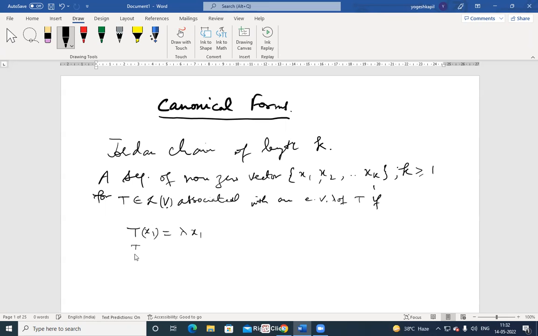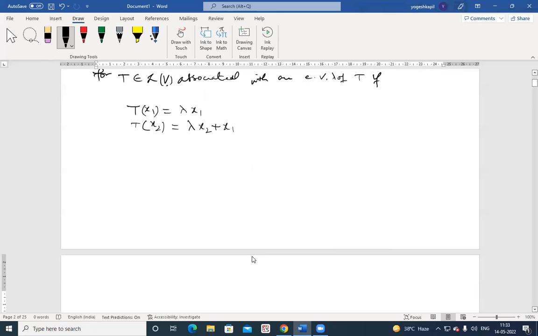T of x2 is lambda times x2 plus x1. T of x3 is lambda times x3 plus x2, and so on up to xk.